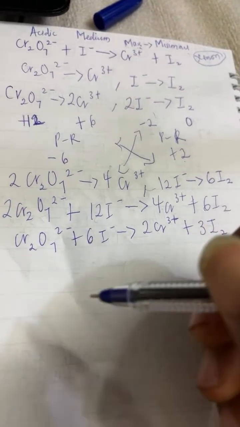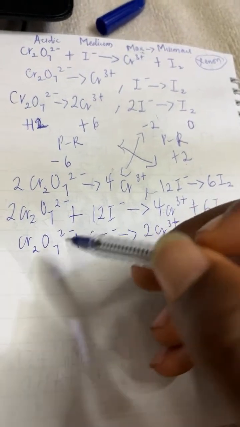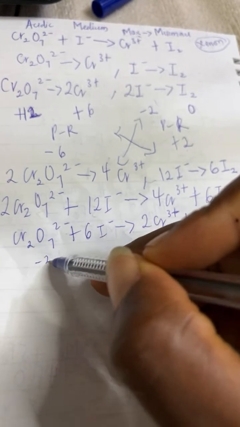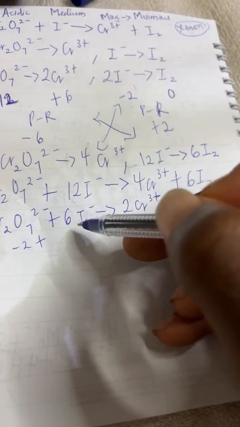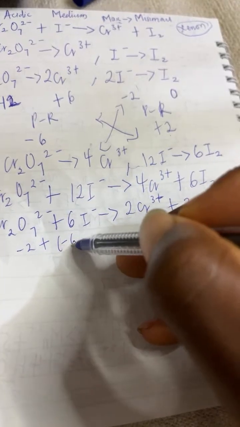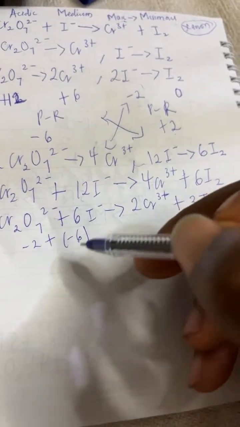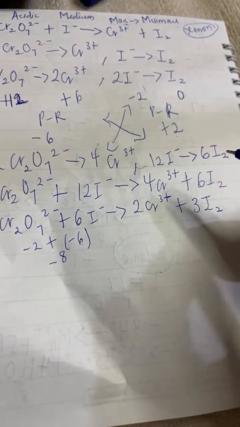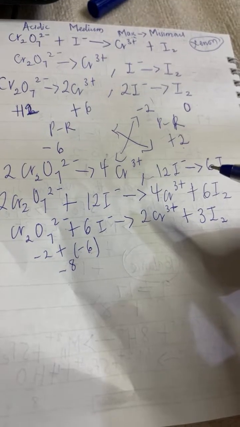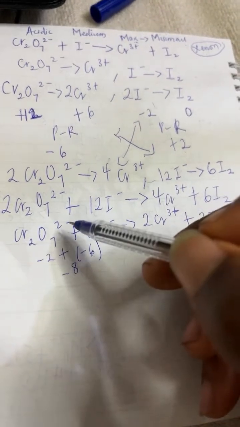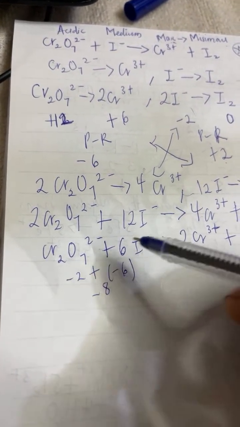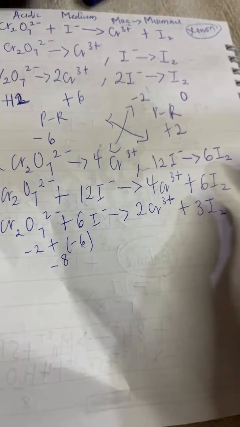At the reactant side, we have -2 for Cr2O7 2-, and for I we have 6 I minus, that's -6. -2 minus 6 is -8. I believe people get that.